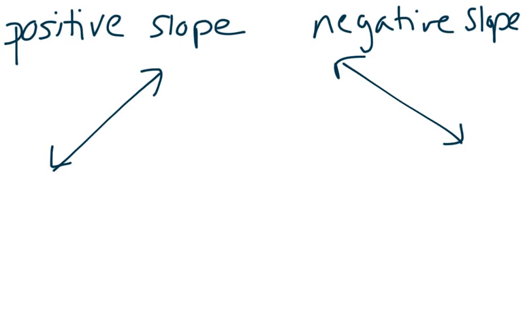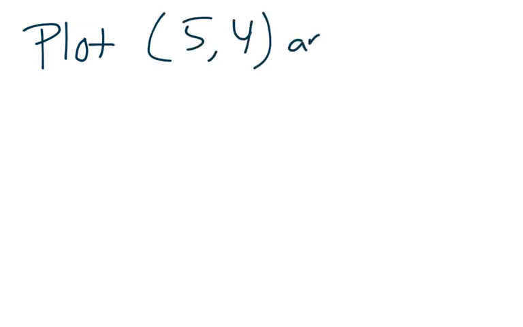So we are going to do a practice problem. I'm going to put a practice problem up, and then we will go over it together. So I would like you to do the following. I would like you to plot the points (5, 4) and (8, 1).